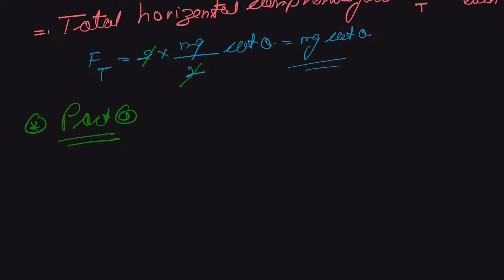So we can say for part A, we are having an isosceles triangle, and it is given that the base is horizontal, so the triangle will be something like this.